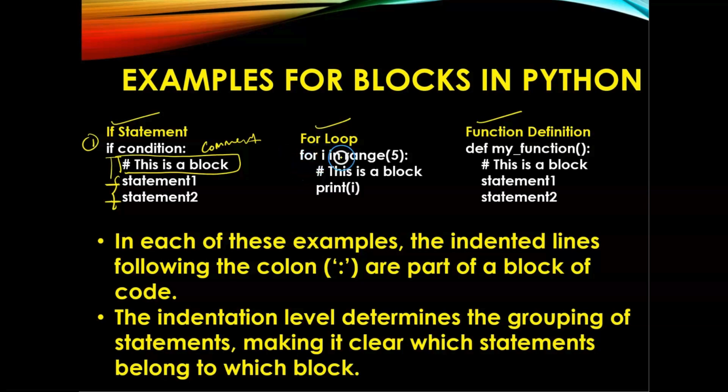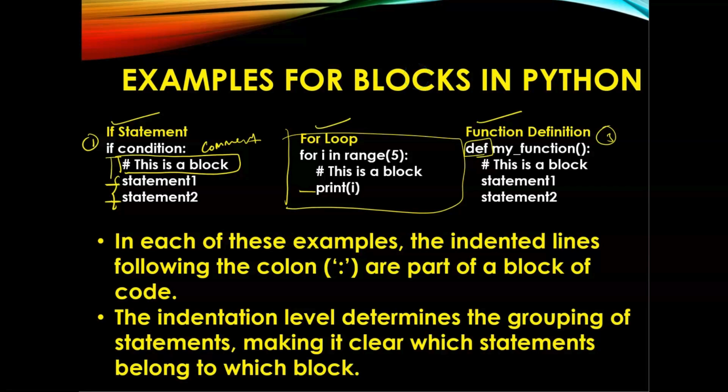For loop: for i in range of 5. After that we have the print statement. This is the indentation level, and together this forms a block of statements. The third example is the function definition. I have already told you the function definition should start with the keyword def. You should write small d, small e, small f.